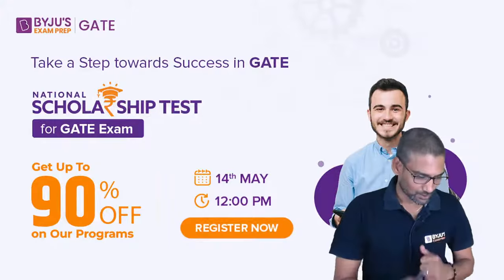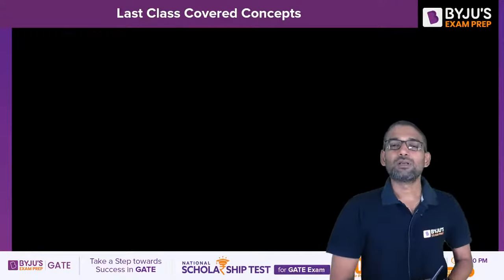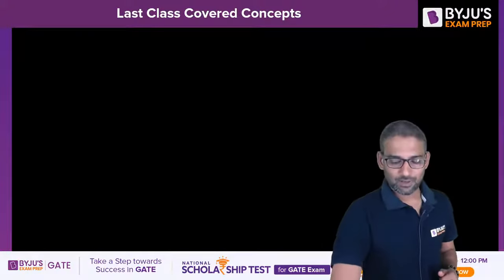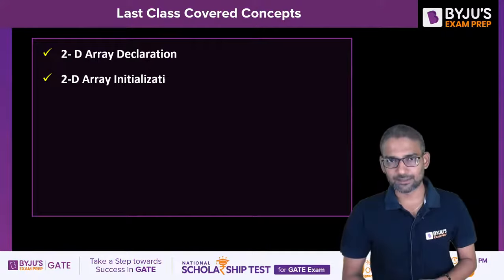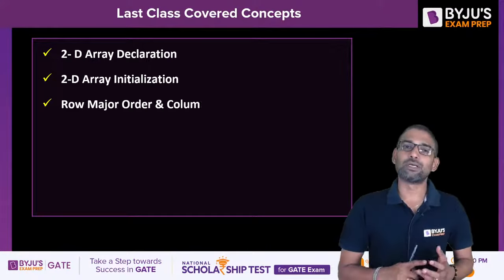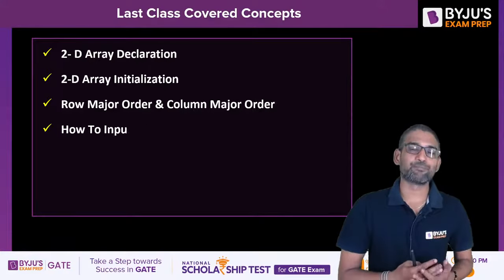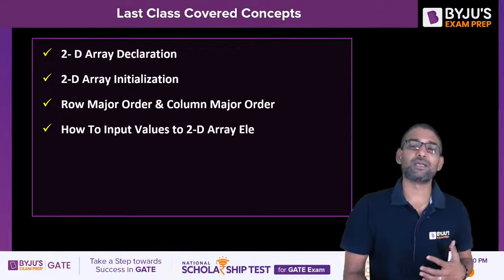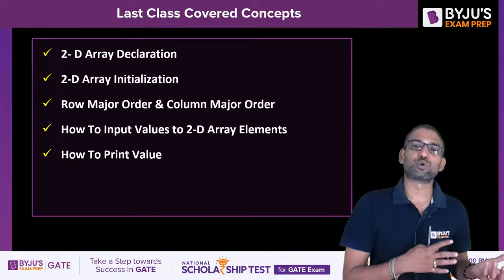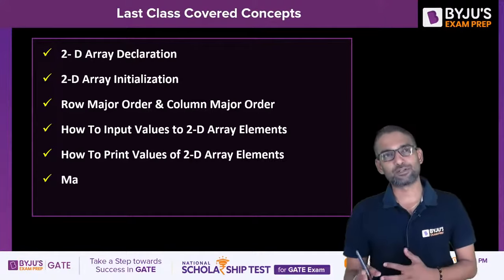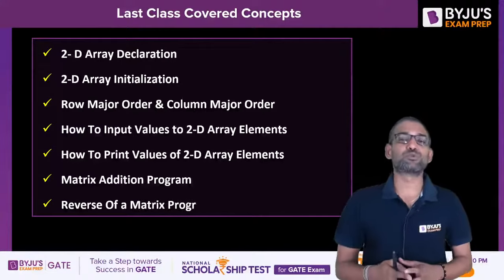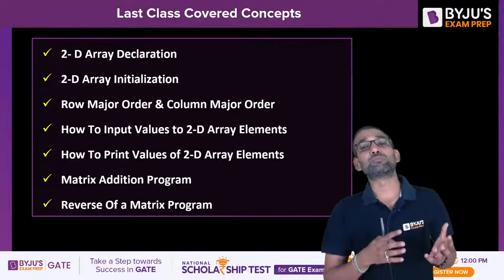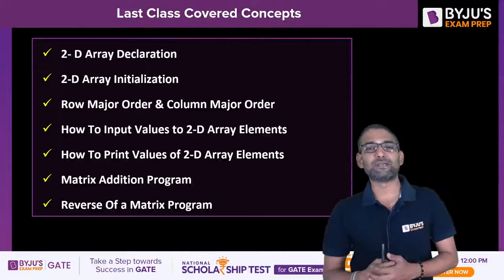In the last class, we discussed two-dimensional arrays. In that, we covered how to declare a 2D array, how to initialize the 2D array, the difference between row major order and column major order, how you can give dynamic input for the 2D array elements, and how you can print the 2D array elements.